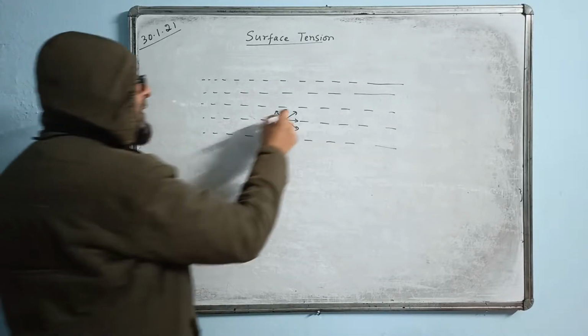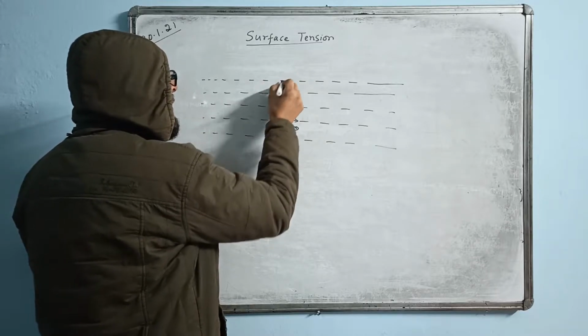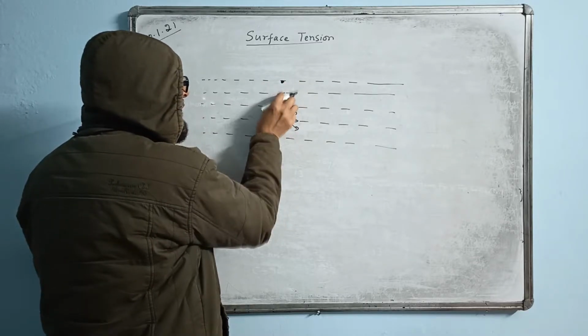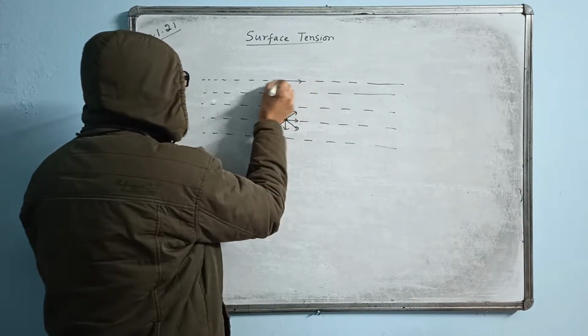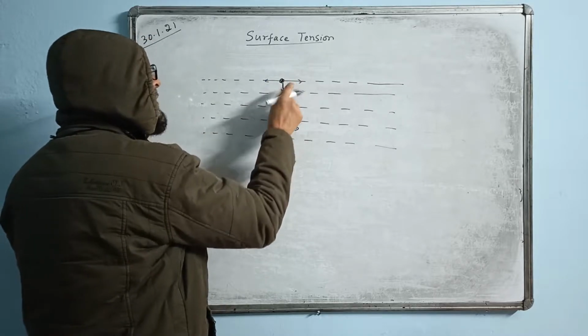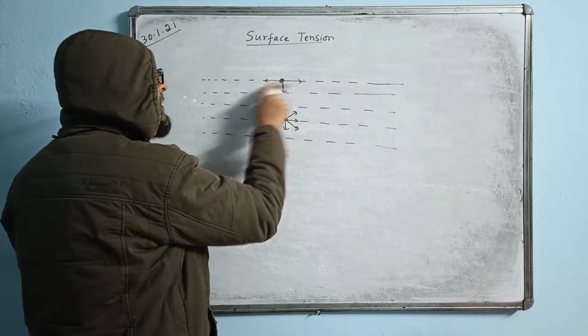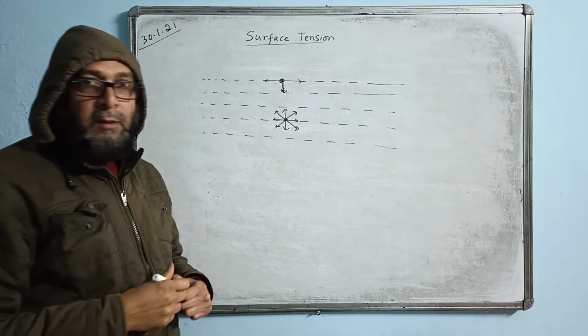But when we look at the top surface here, there is a force of attraction by this molecule like this, and this molecule will attract this way. Here we see these two are balancing each other. But what about this one? This one doesn't get balanced.